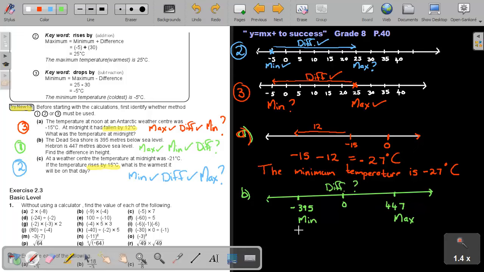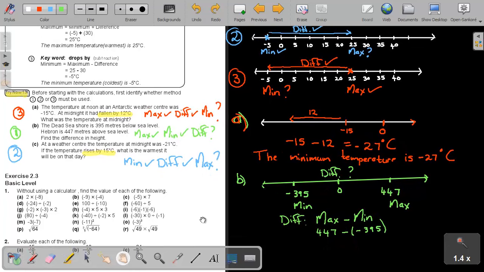So what do I do? To find that difference, I will just take the maximum and I will subtract the minimum. So basically it will be 447 minus 395. Don't forget, let's just move up a little bit. Don't forget that this is subtraction. So I change it to an addition sum by finding the additive inverse.